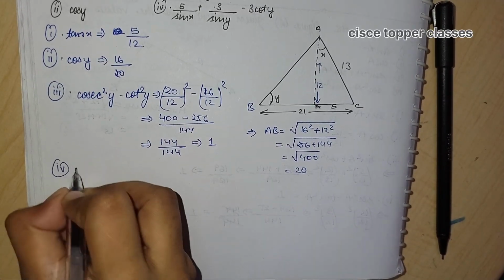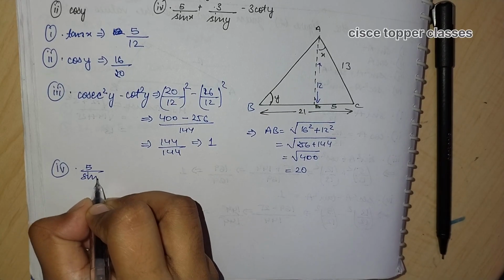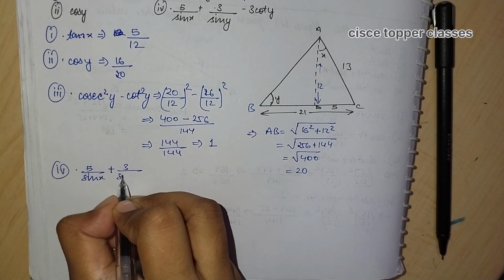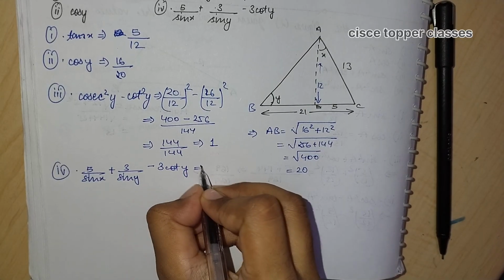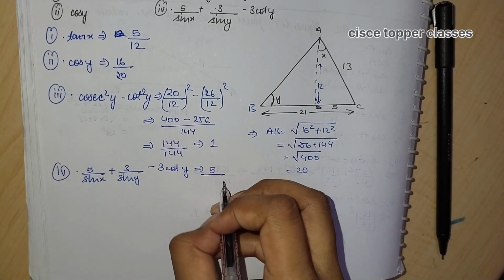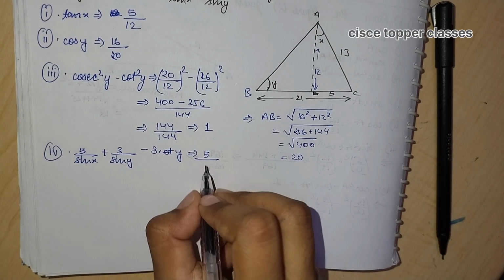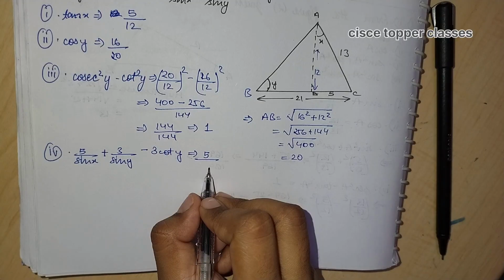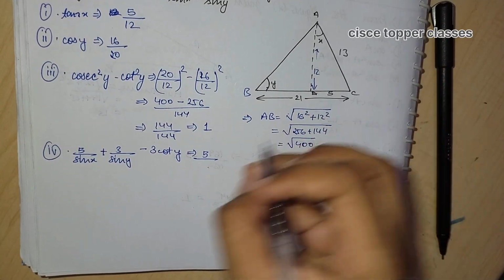Now the fourth part which we have to find is 5 sin x plus 3 sin y minus 3 cot y. So it will be 5 into sin x. Sin x, if we want to find, it will be height by hypotenuse. So this will be 5 by 13.